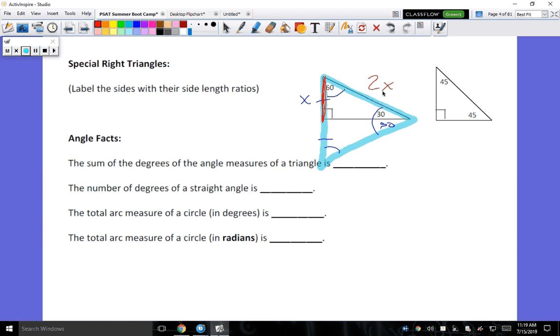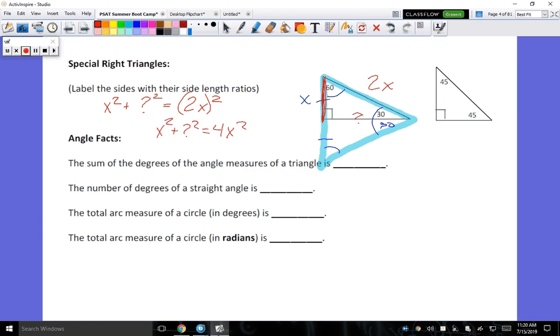Pythagorean theorem says a squared plus b squared is equal to c squared. What's wrong with what I just wrote? We're going for mastery. What's wrong with what I just wrote down? It should be parentheses so that it's 4x squared.